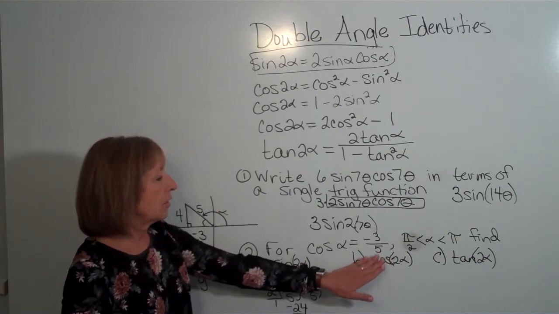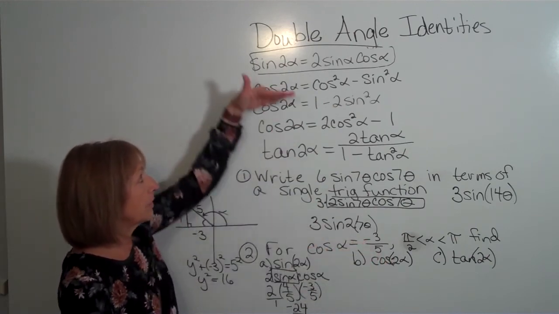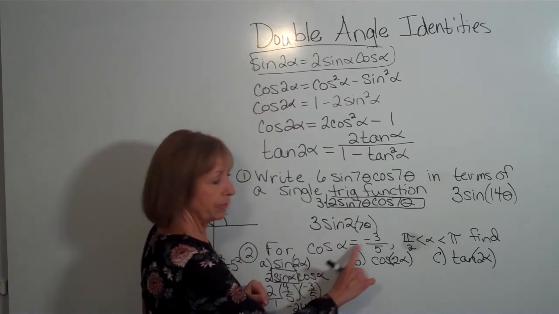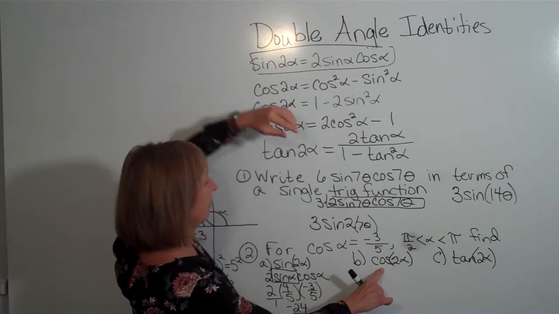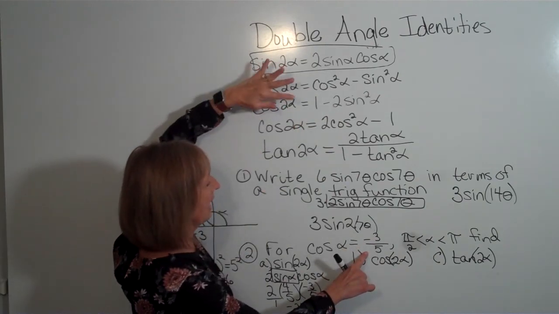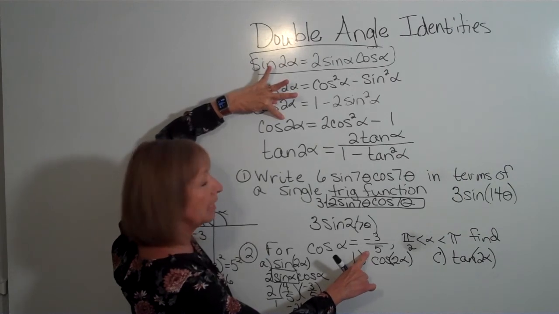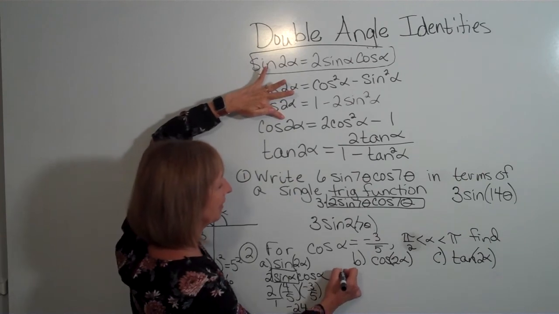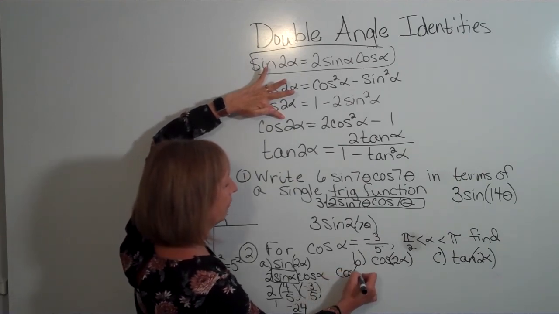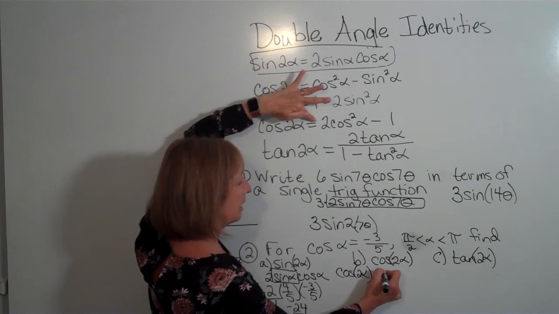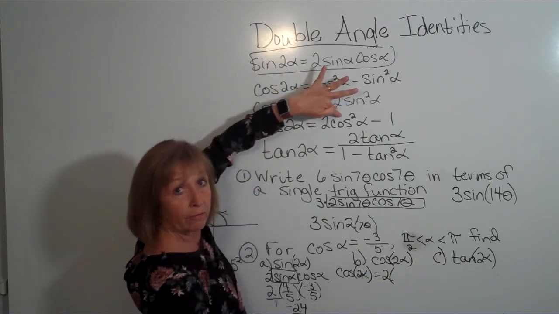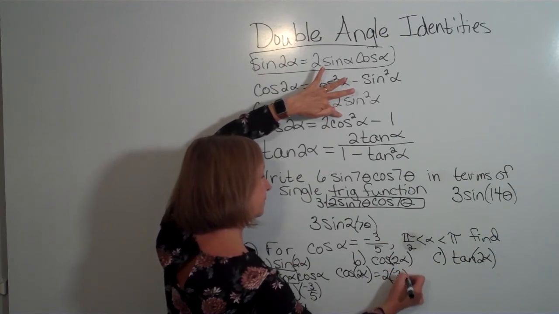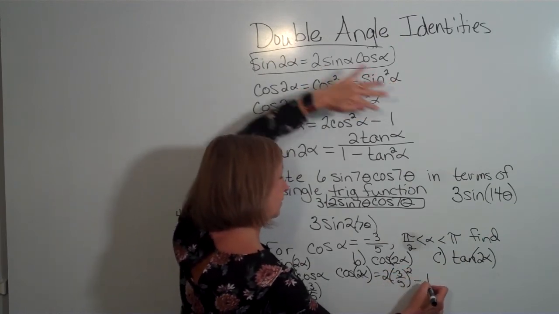Next up, the cosine of 2 alpha. Now this expansion, knowing I can get either of the values, I can use any of these three that I want. Since the cosine of alpha is right here, and I want to maybe utilize that, I'll just go ahead and use this third one, but all the other two would give you exactly the same value. So the cosine of twice alpha is 2 times the square of the cosine of alpha, so the square of negative 3/5, and then minus 1.